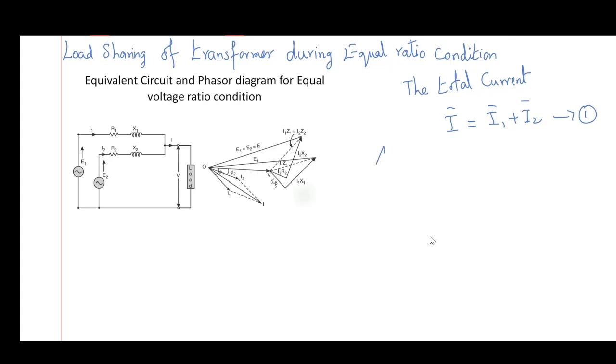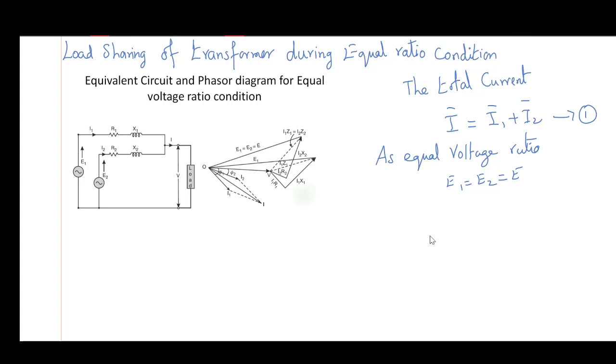So as equal voltage ratio, E1 is equal to E2 is equal to E. The terminal voltage will be common.